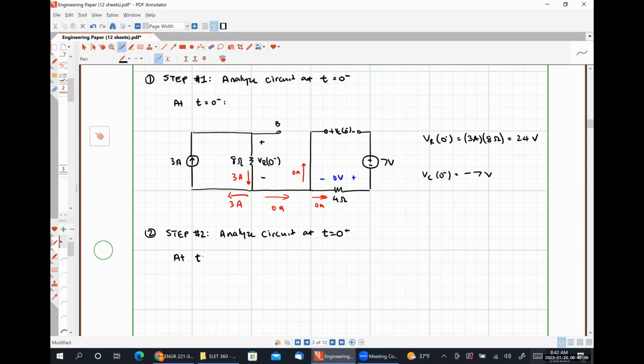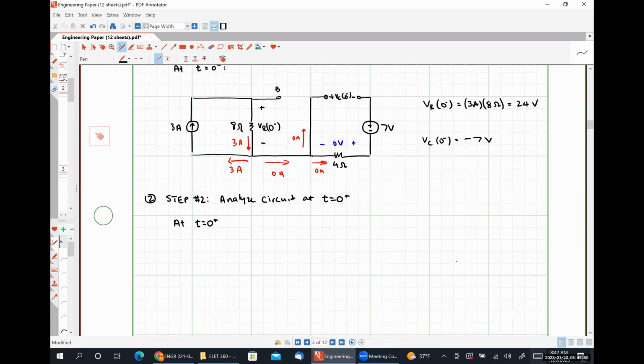So at t is equal to 0 plus, our switch has changed from being closed at position A to now being closed at position B. So that's going to cause some changes here, right? Our 3 amp source will still be connected directly in parallel to our 8 ohm resistor. But now we're going to have a short circuit up here.